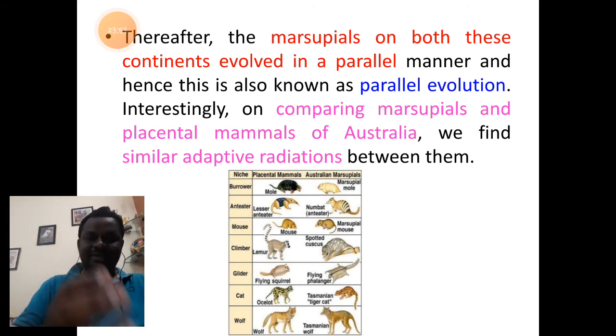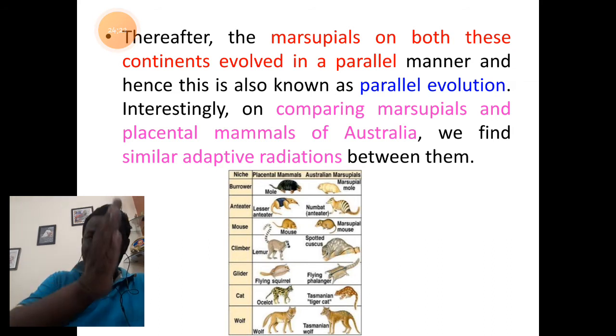For example, the mouse became the marsupial mouse, the anteater became the numbat, the lemur became the spotted cuscus, and the wolf became the Tasmanian wolf.